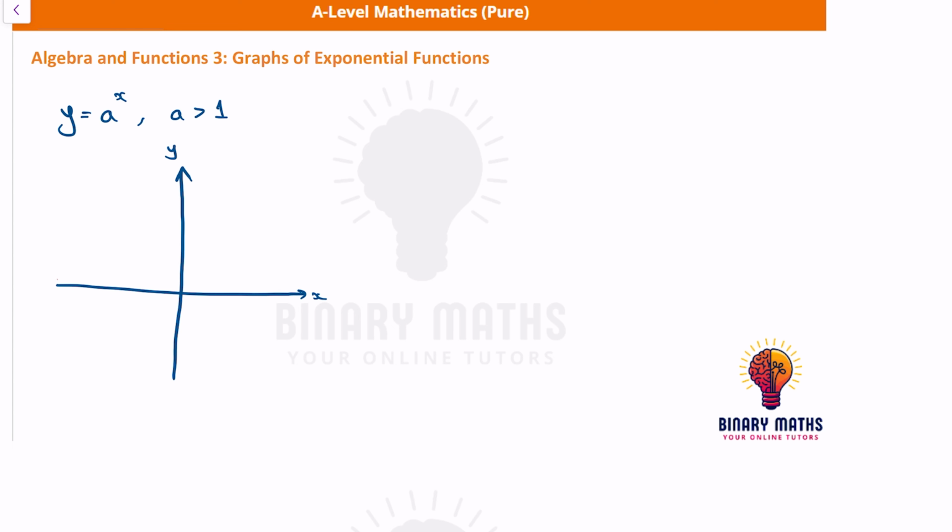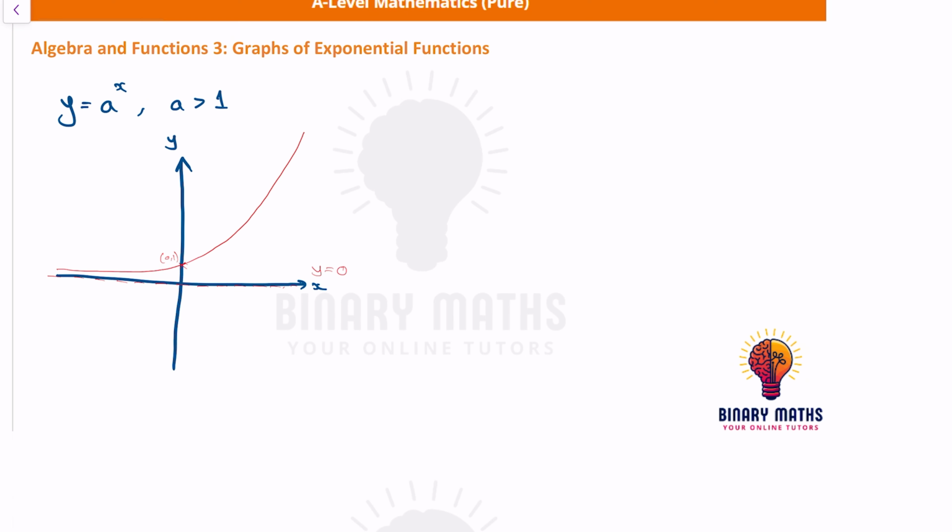Now what we do know is a to the power of x will always cross the y-axis at (0, 1). And also, there is only one horizontal asymptote at y equals 0.